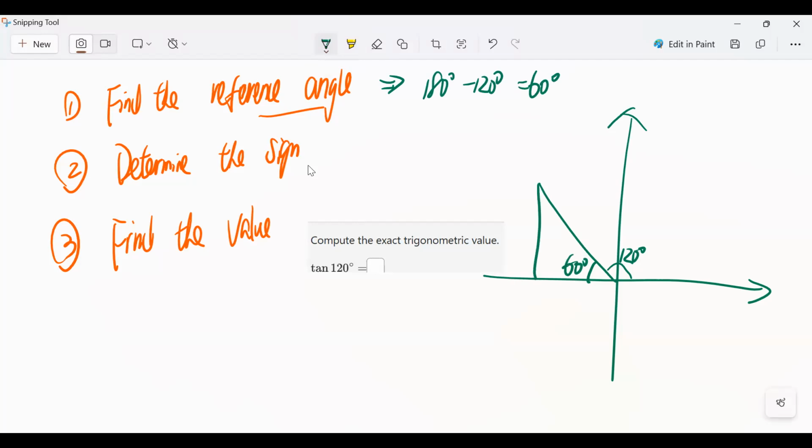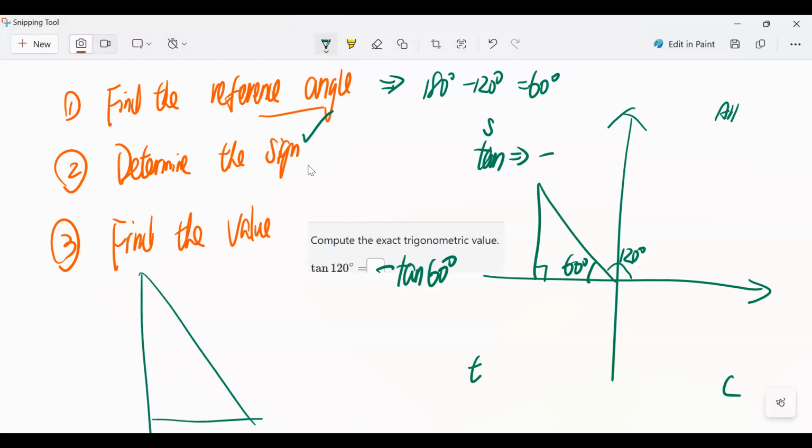Now from there, we're going to determine tangent, right? So all students take calculus. In the second quadrant, tangent is negative, determined by the sign. So this is going to be minus, and then using the reference angle, tangent 60. You can quickly draw the right triangle with a 60-degree angle, sides 1 and radical 3.